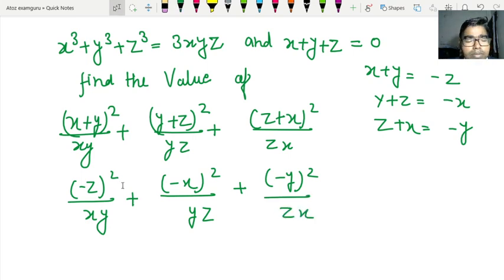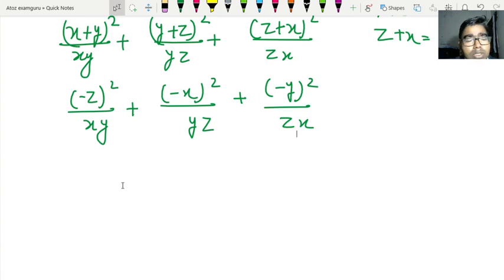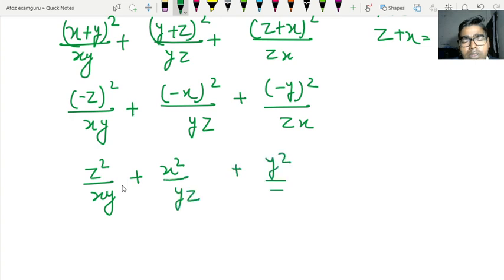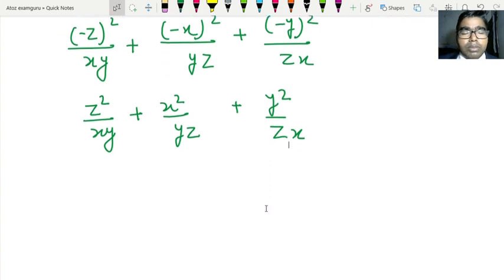So you will get z square upon xy plus x square upon yz plus y square upon zx. And now what you are seeing, over here, if you multiply this by z, this by x, and this by y, then the denominator will be same, right friends?